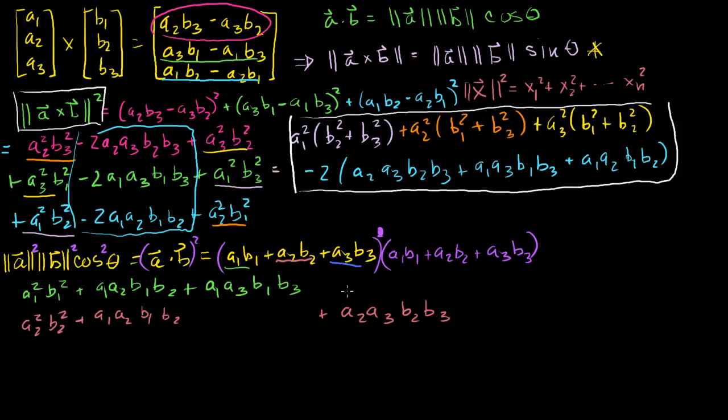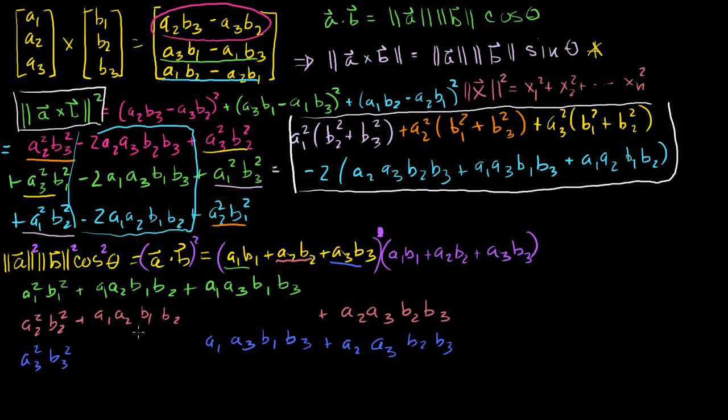That's the same thing as this term right here, right? Because you have a3, b3 times a1, b1. Then you have this guy times that guy, which is this, because it's a3, b3 times a2, b2. Let me put a little plus sign there. And then finally, you have this guy times himself. So you have a3 squared, b3 squared.